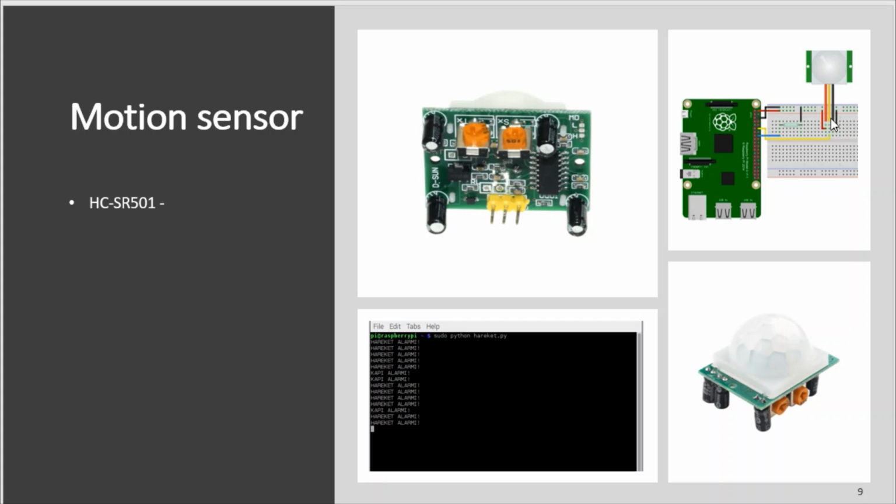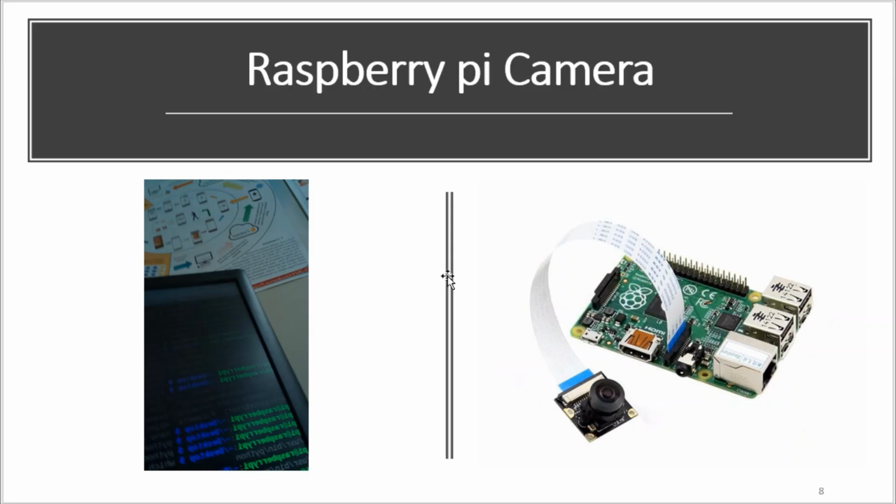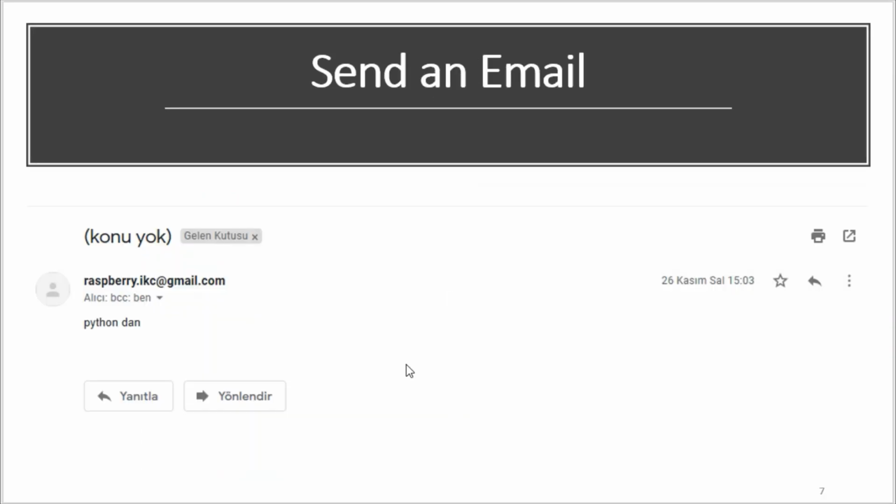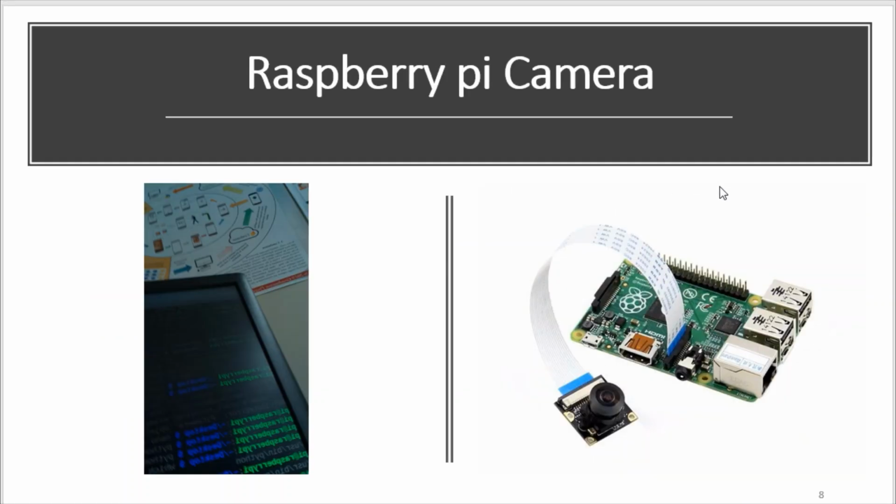So this is the first semester. In this semester I have collected all of them. I mean when the motion sensor is triggered, an email is sent, and by using the Android application that I made, we can open the camera and see who opened the door.